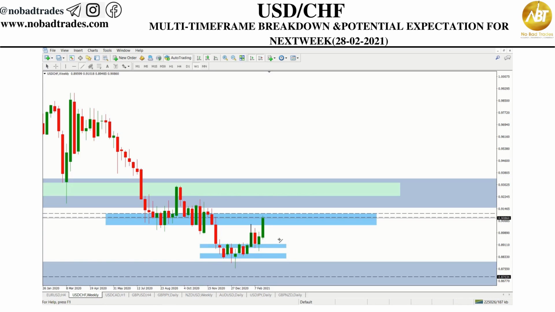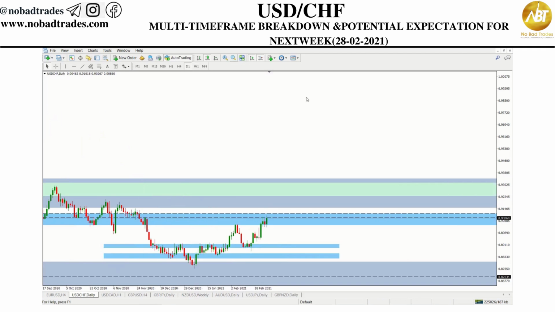We saw a retest, which led price to the 61.8 zone that it is at right now. So what do we want to see this week? We want to know if price is going to reject this level. If price could reject this level, then we could have a bias and find a setup opportunity on the lower time frame. So let's get to the daily time frame.